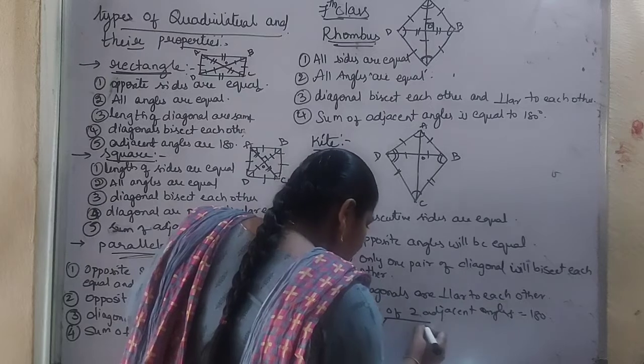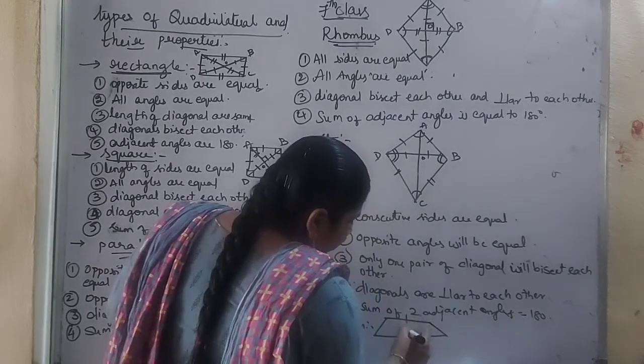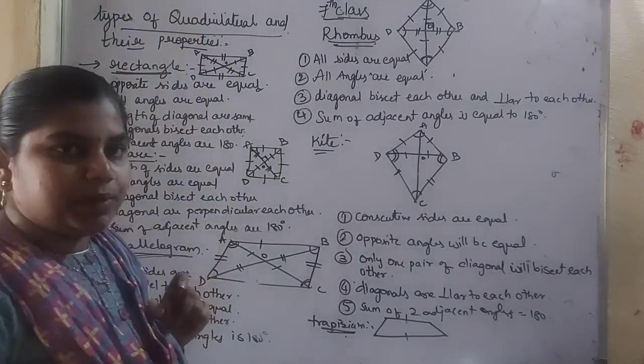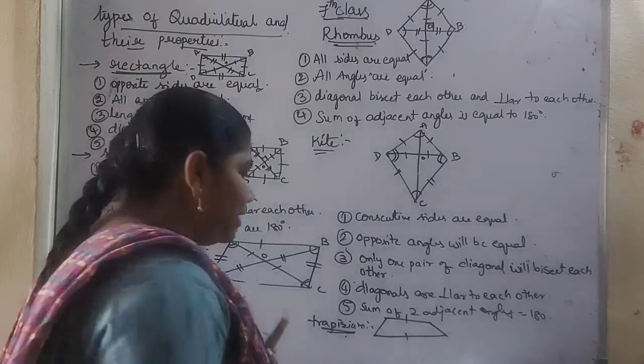If you see the trapezium, a trapezium figure, only one pair of opposite sides will be parallel to each other, and the non-parallel sides we will call as legs.